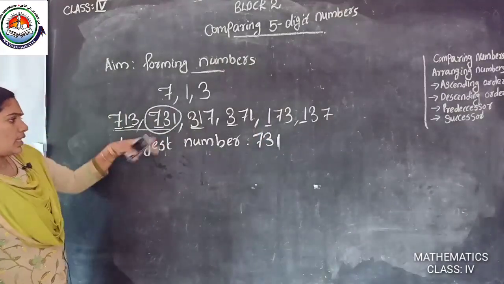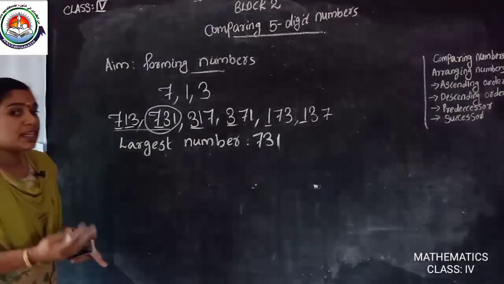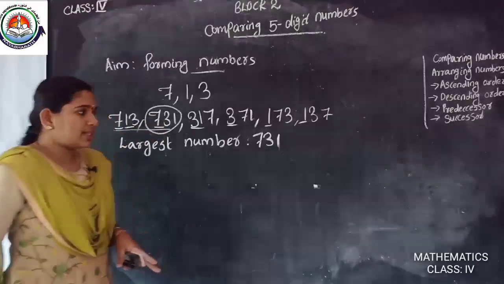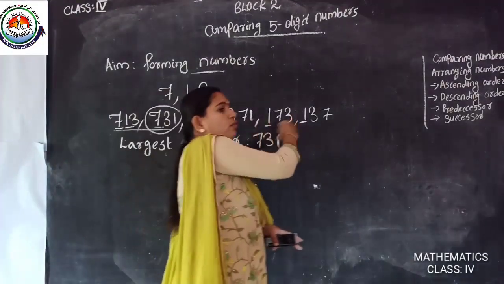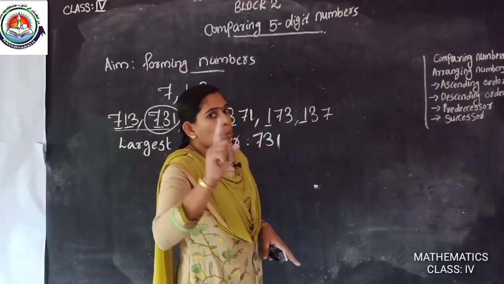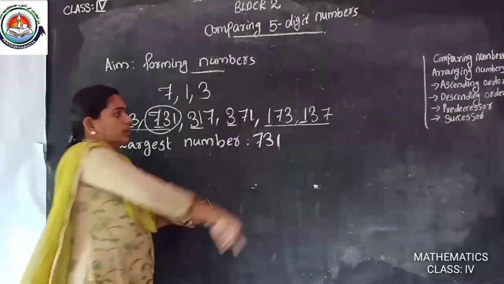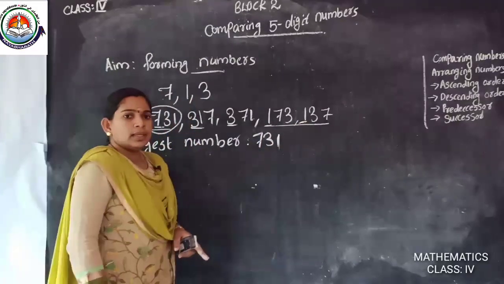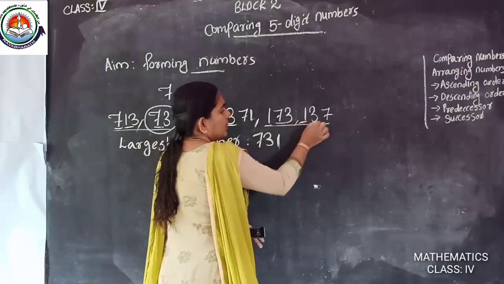Then the smallest number, how do we check? In the highest place we look for the smallest digit. Here 7, 3, 1. Which is the smallest? 1. So comparing these two, they have the same first digit, so check the next place. Here 7, here 3.